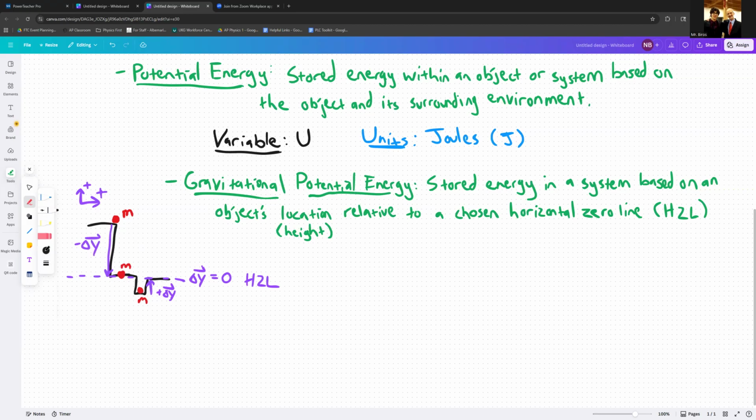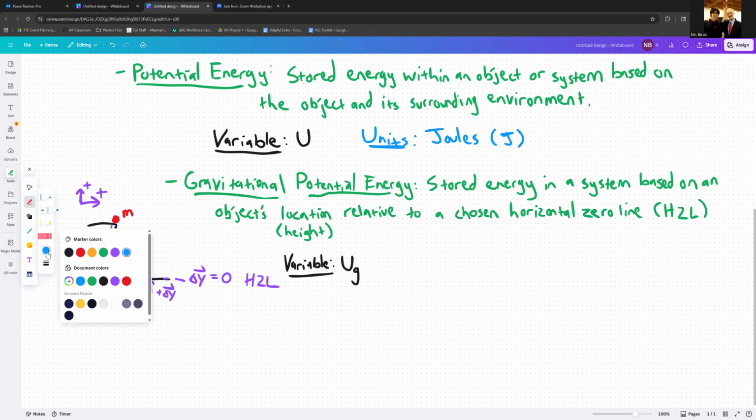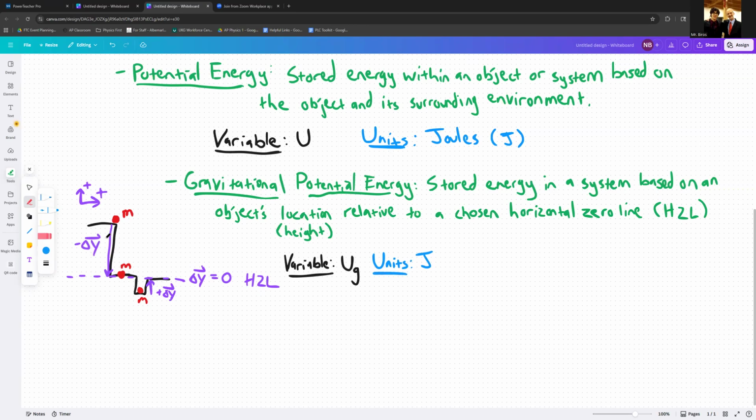The variable is capital U with a subscript G, gravitational potential energy. And the units are joules. And when it comes to finding how much gravitational potential energy exists for a system, I'm going to make a quick note on that system side of things up here.